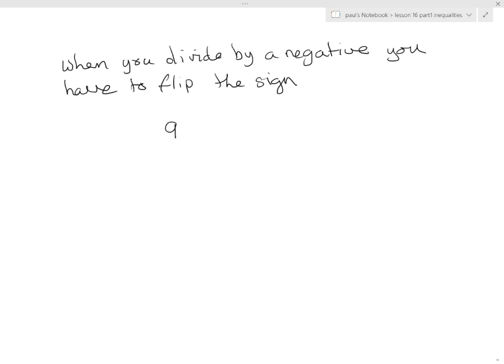So we've got 9 minus 2x is less than 15. Now we need to get rid of the 9. That's a plus 9, so we subtract 9 from both sides, but that leaves us minus 2x. Subtract 9, that's 6, yeah? Now we need to divide by minus 2. So that leaves us x, and 6 divided by minus 2 is minus 3.